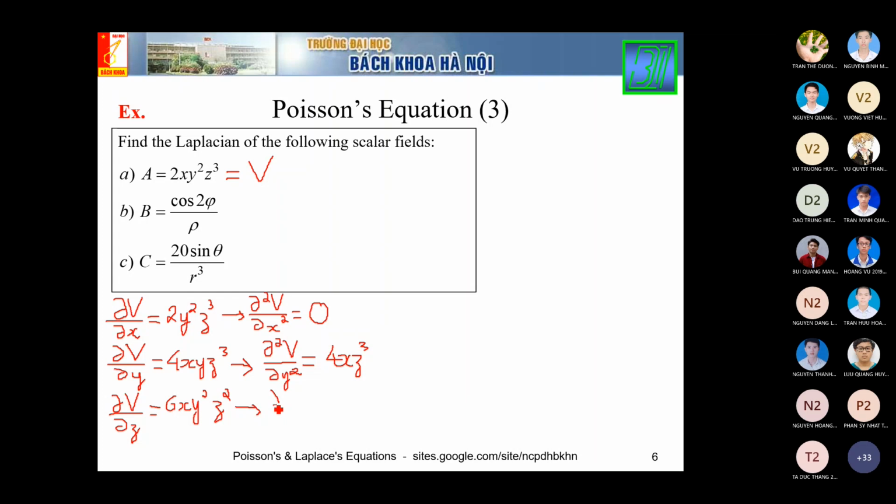And then for the second order partial derivative of this given potential with respect to the last variable in our current system, which is z, I got this one. I think the coefficient here should be 12, right? 12xy squared z.